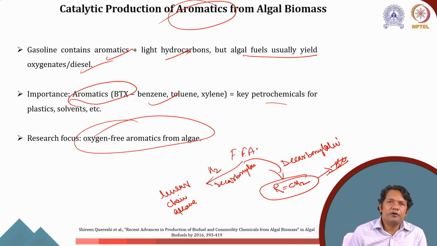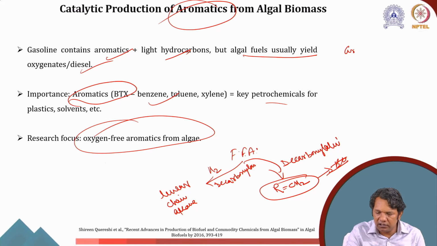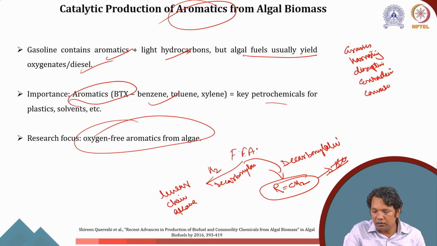So there are a lot of opportunities that can be done with the algal biomass, and I believe that there are other routes as well. But primarily what you have to remember here is that the whole process starts with growth, followed by harvesting, followed by disruption, followed by extraction, followed by conversion.